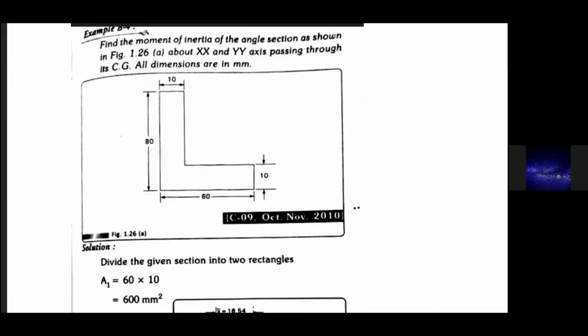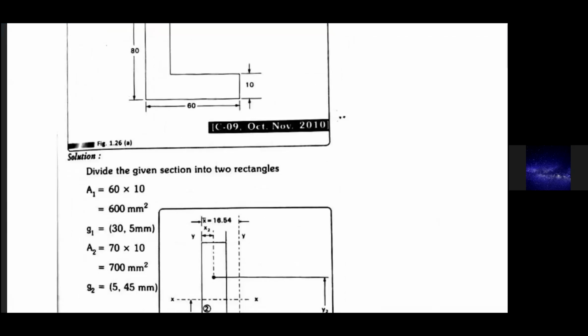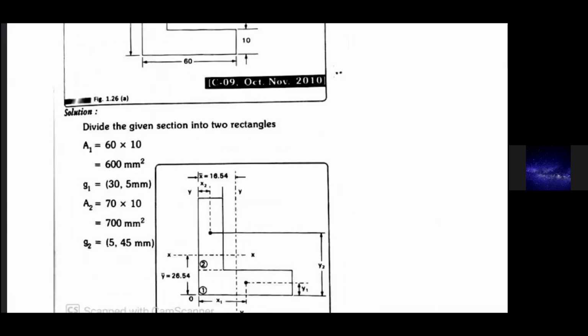Next, x1 is equal to half of 60, 30. And x2 is half of 10, that is 5. Here, this G1 represents the centroid of rectangle one, that is x1, y1. x1 is 30, y1 is 5, and G2 is the centroid of rectangle two, that is x2, y2. x2 is 5, y2 is 45.